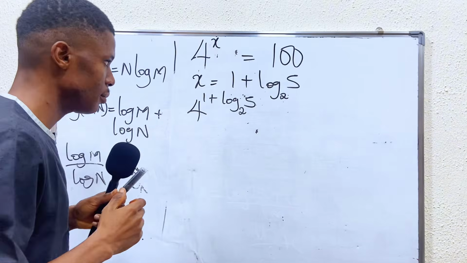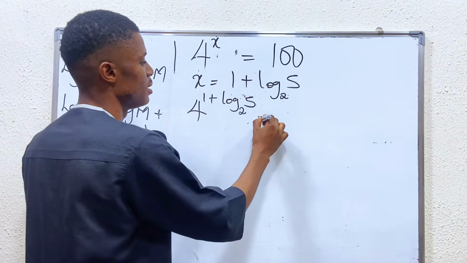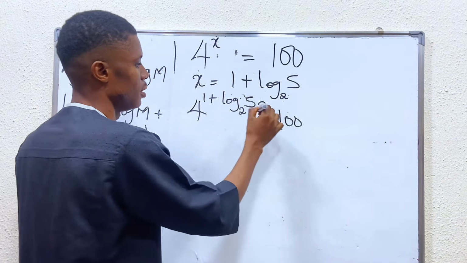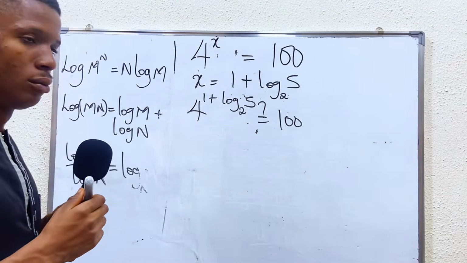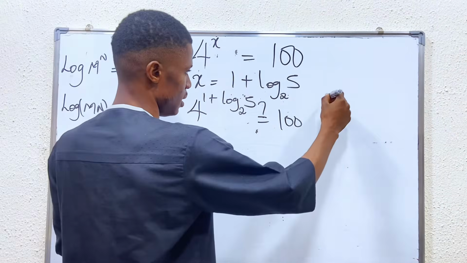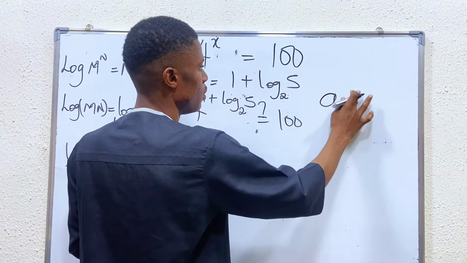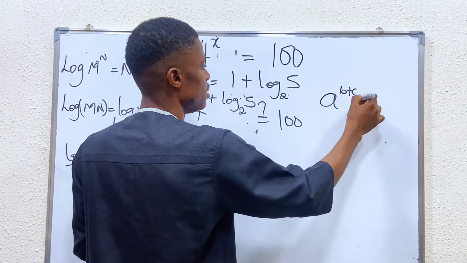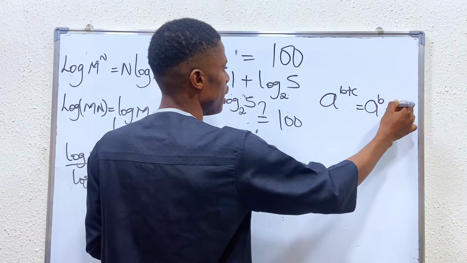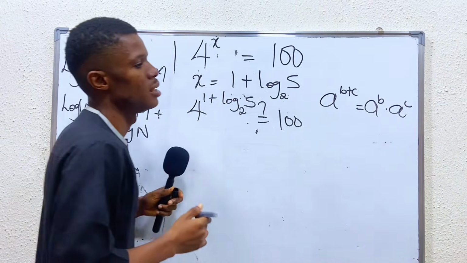Remember, is it actually 100? We are checking. So remember the law of exponent, which says that a to the power of b plus c is equals to a to the power of b times a to the power of c.